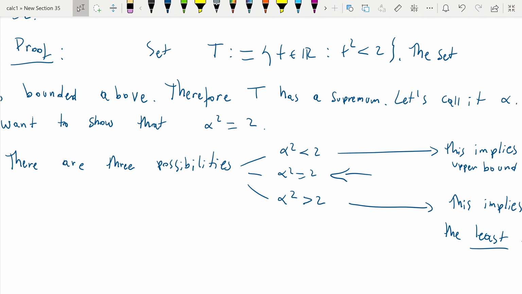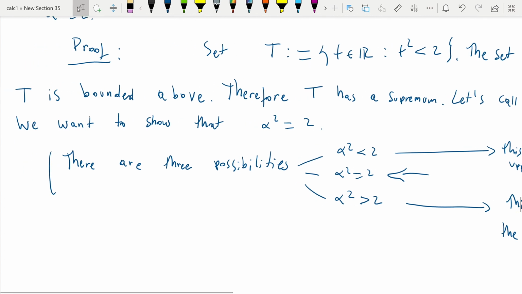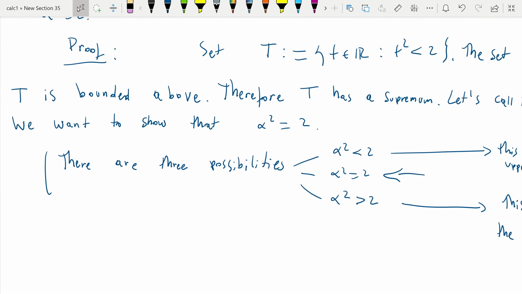The issue of cardinality is not going to be that important, only perhaps if we discuss perfect sets and things like that. But even then, it's really not that important, so we're not going to be dwelling too much on it.